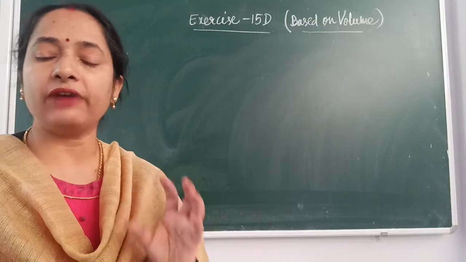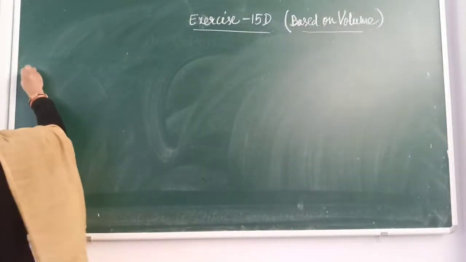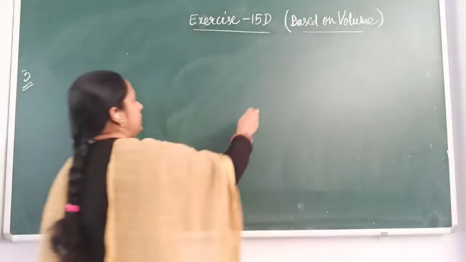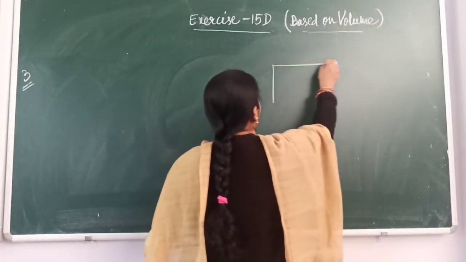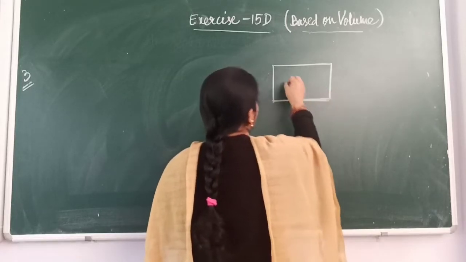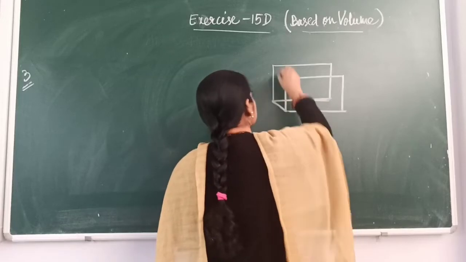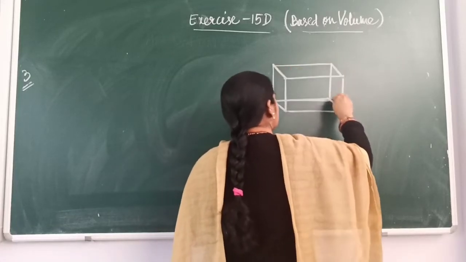So here our box is in the shape of a cuboid. Let us first draw the cuboid here, and write down its dimensions.